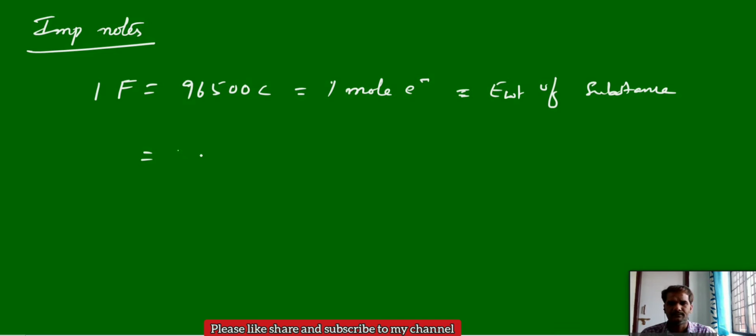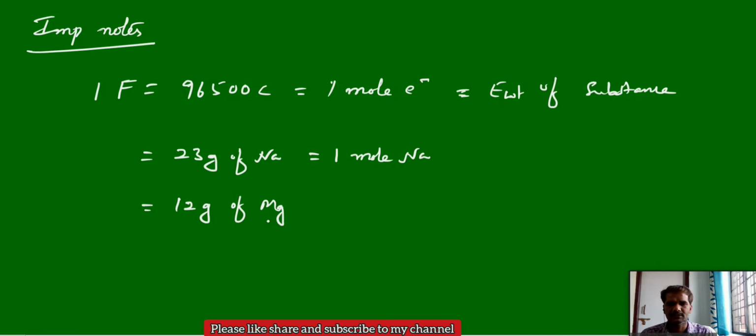In the case of sodium, if you pass 1 Faraday, 23 grams of sodium, or 1 mole of sodium, can be deposited. For magnesium, 1 Faraday deposits 12 grams of magnesium, which is half a mole of magnesium. But with respect to sodium, it is 23 grams and 1 mole.